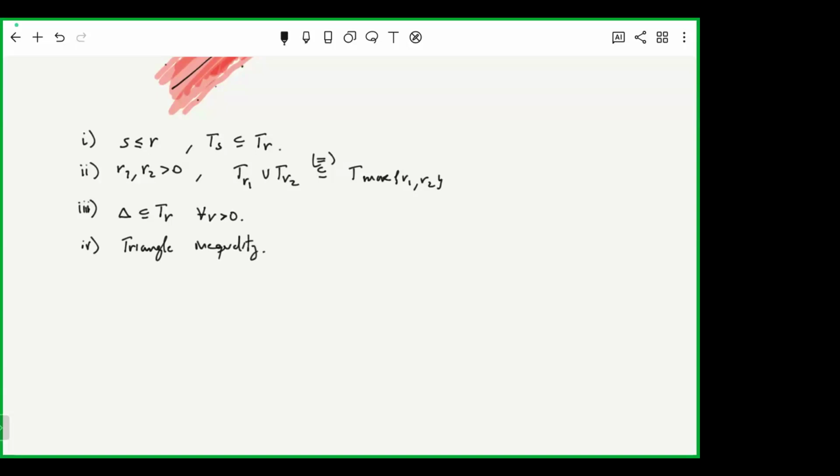And I will write an equation and then see what it means. If I consider the composition of the R1 tubes with the R2 tubes, then this is contained in the tube of radius R1 plus R2. So what is this composition here?